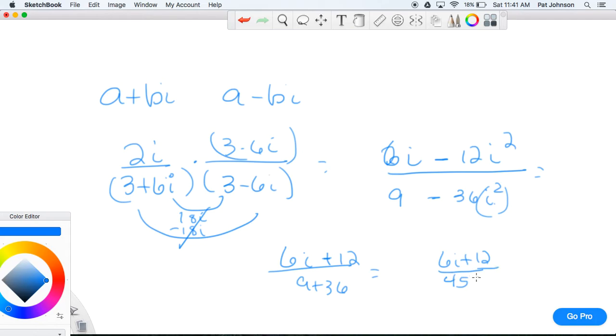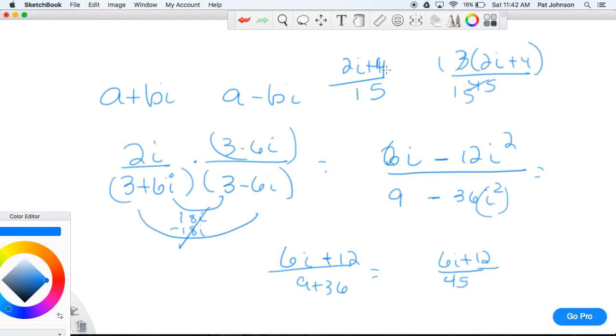If you want to simplify and break this down, you can factor out a 3, and you have 2i plus 4 over 45 divided by 3, which is 15, and your final answer is going to be 2i plus 4 over 15. And that's as far as you can simplify it.